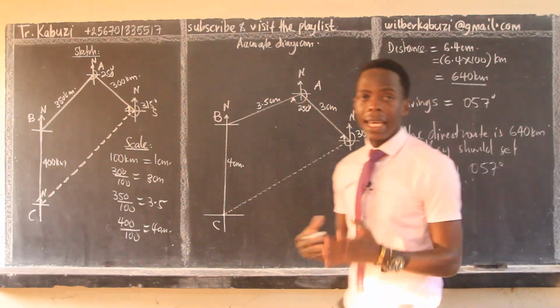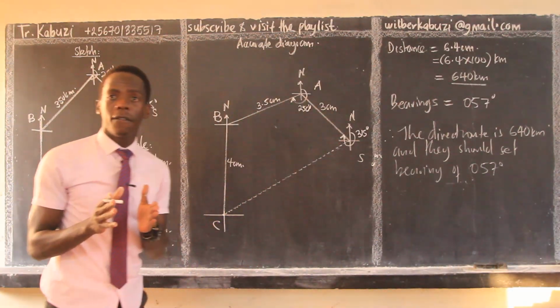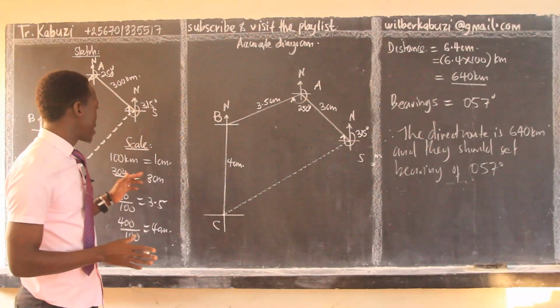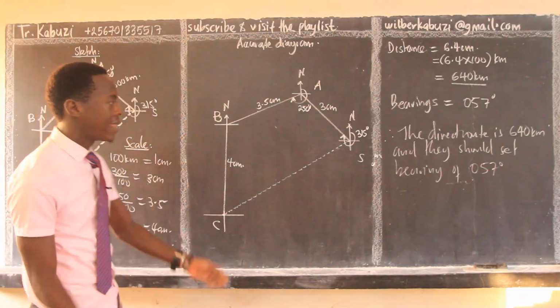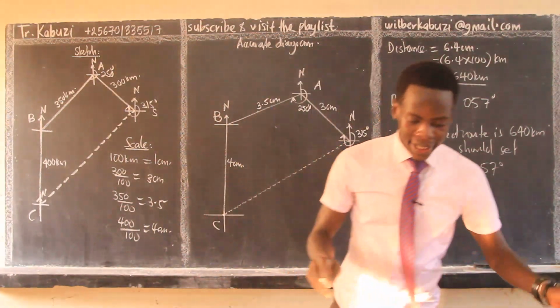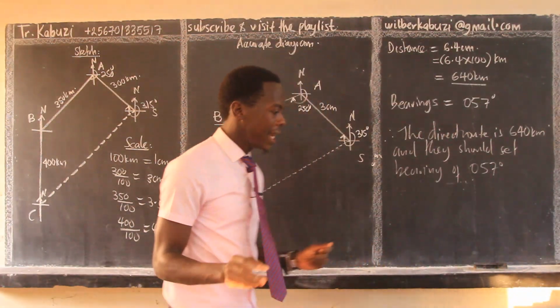That's it. But for you, for your graph to be better, you had better use 50 kilometers for 1 centimeter. It will be better there. Okay, so that's it. Let us move to the next chapter.